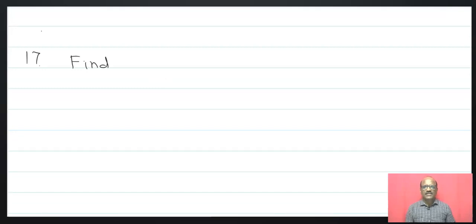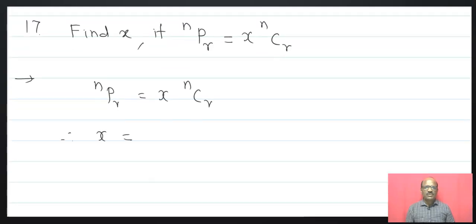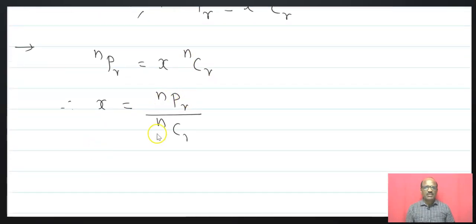Question number 17. Find x if nPr is equal to x into nCr. Therefore, x is equal to nPr upon nCr.